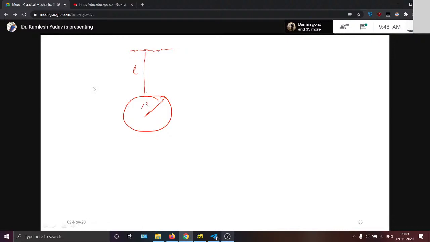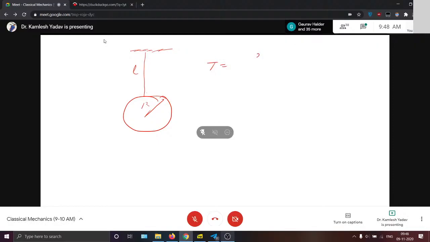In that case, what will be the time period? I am writing directly; if we derive, then the time period will be equal to 2 pi upon root g times (1 by L plus 1 by R), under root.